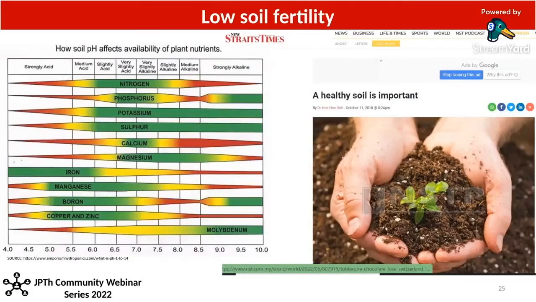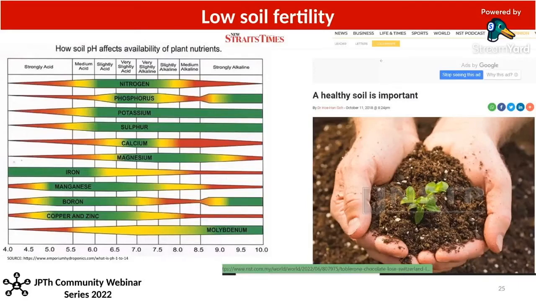We also have an issue on low soil fertility. A healthy soil is important in ensuring good plant growth. The microbes need favorable soil conditions with suitable pH, suitable moisture, and so on.